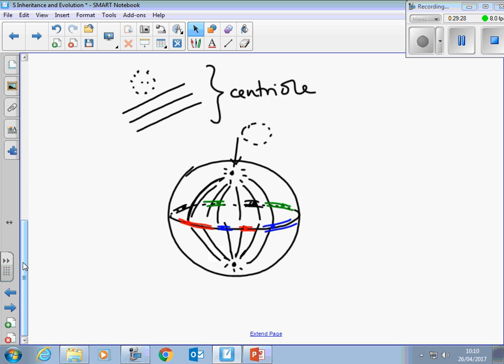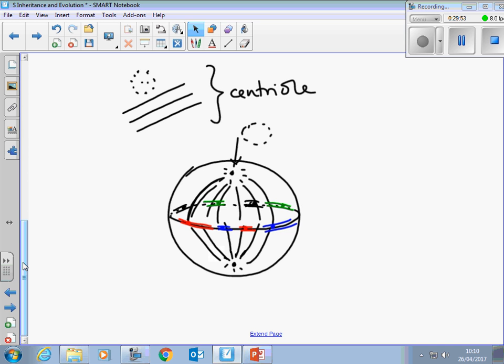By the end of anaphase, when they've been pulled apart, we should have two complete sets of chromosomes, one at each end of the cell. And so the final step in this, telophase, you can see that we've actually got the reformation of the nuclear envelope. The chromosomes will unravel again and they'll go back to being chromatin.